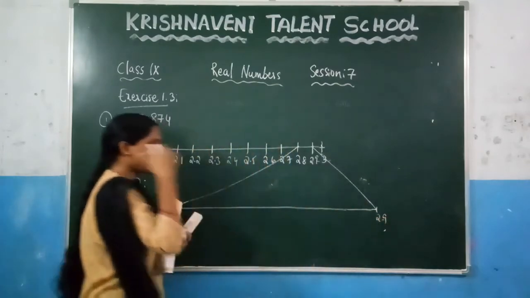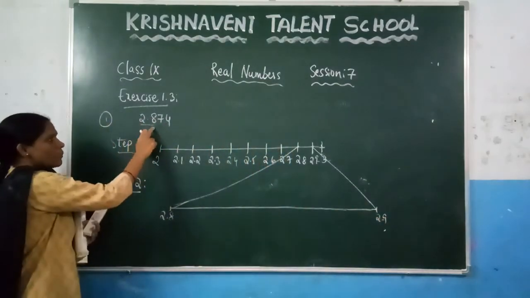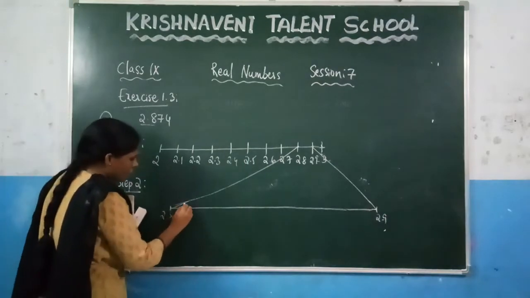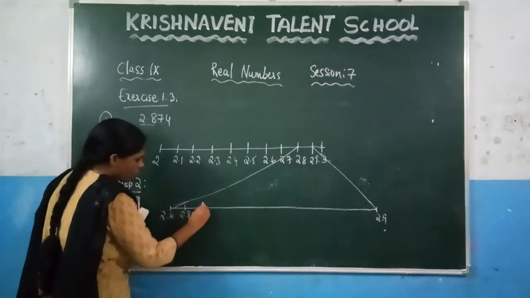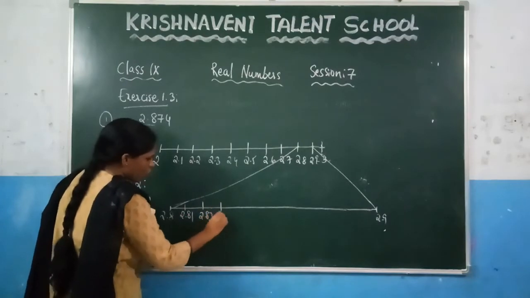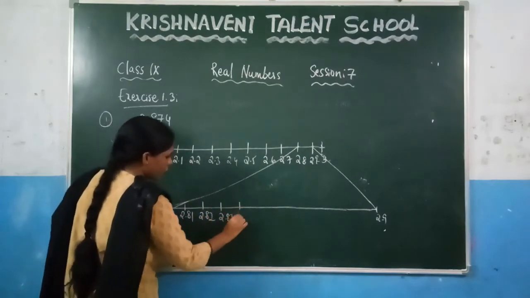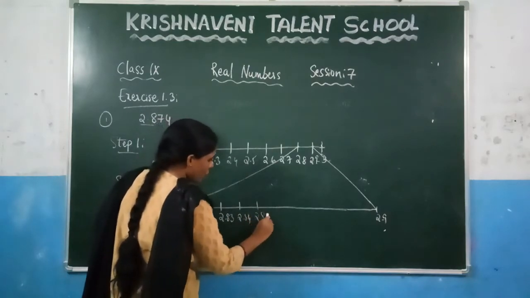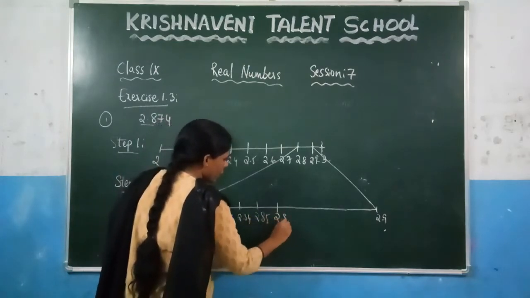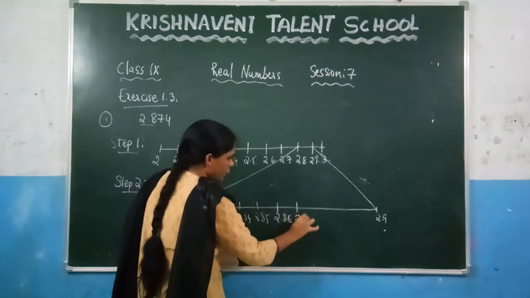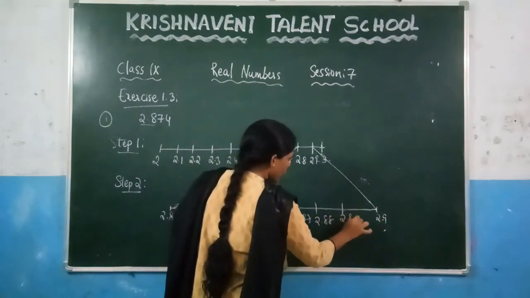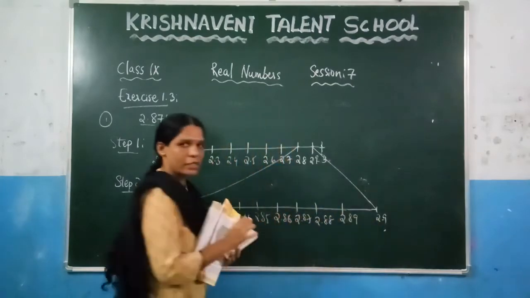In between 2.8 and 2.9, this number 2.874 will be located. So after 2.8 what will you get? 2.81, 2.82, 2.83, 2.84, 2.85, 2.86, 2.87, 2.88, 2.89. After that you will get 2.9.